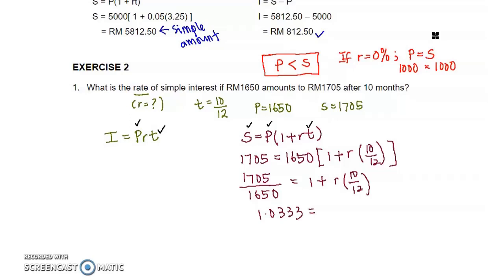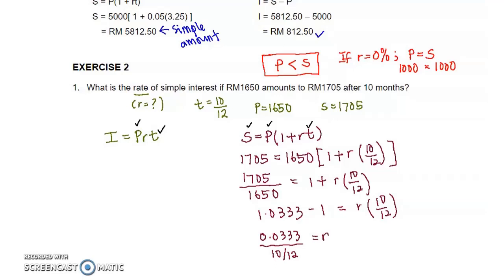You bring positive 1 to the left hand side, so it becomes minus. On the right hand side you only have R times 10 over 12. On the left hand side here you have 0.0333. Multiply. So 10 over 12 you bring to the left hand side and it becomes divide.